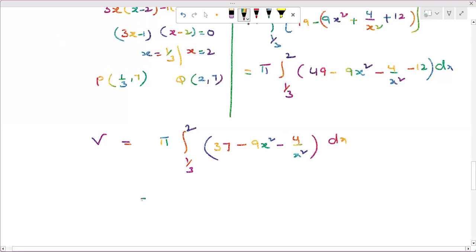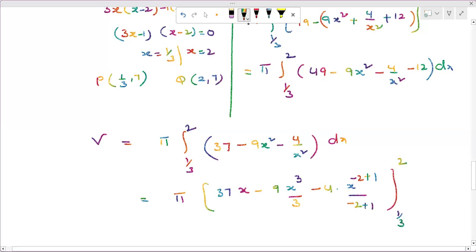Now split the integration and do it: 37 into x, 9 into x square means x to the power of 3 by 3, minus here 4 x to the power of minus 2. If I take x to the power of minus 2 plus 1 by minus 2 plus 1, from 1 by 3 to 2.